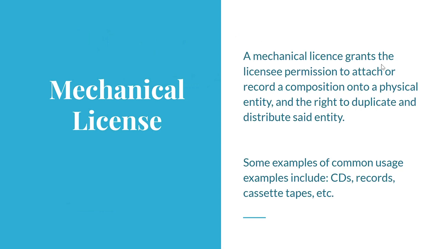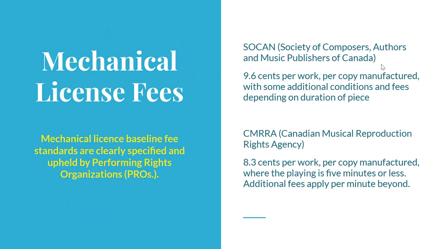What's really great about this type of licensing is that we have industry standards already set out. So if you're doing this on your own, there are so many resources that you can refer to. For example, SOCAN's standard is 9.6 cents per work per copy manufactured. So for every single unit, for every single composition, there's going to be a set standard to stick to.